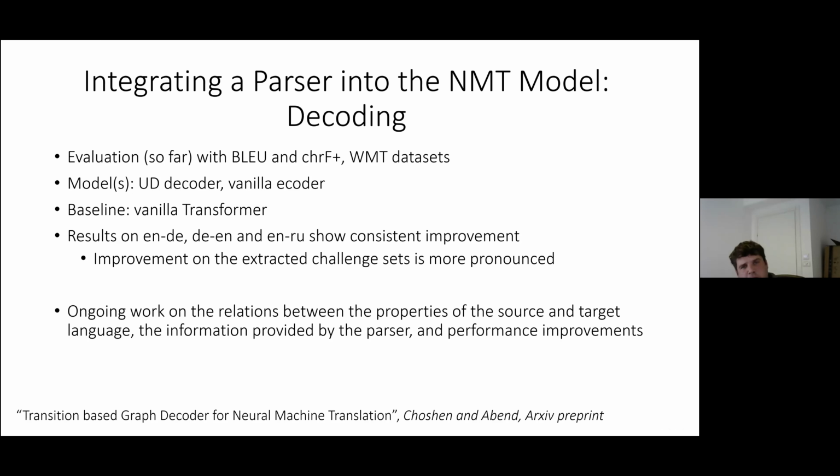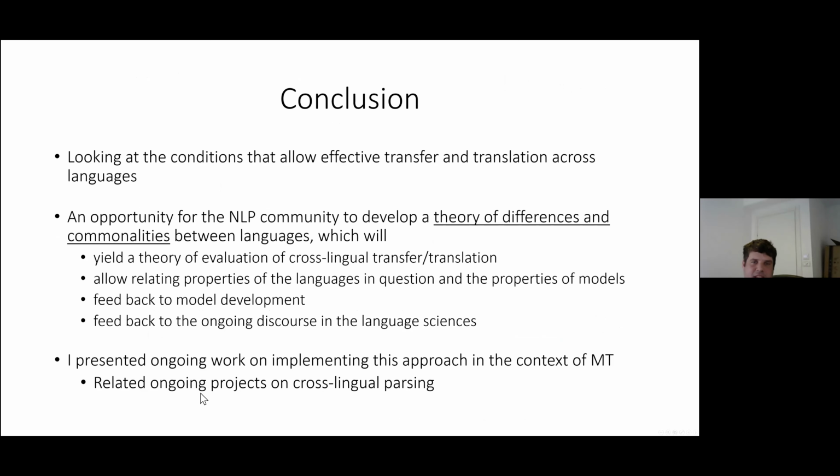Of course, in order to complete the loop, we will need to establish more firmly the relation between the properties of the source and target language, the information provided by the parser, and the performance improvement. But I think that if we take this kind of program, then they're all pretty much cast in the same language, that is the language of UD in this case.